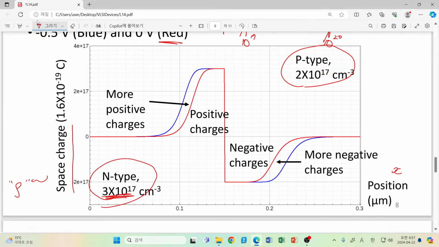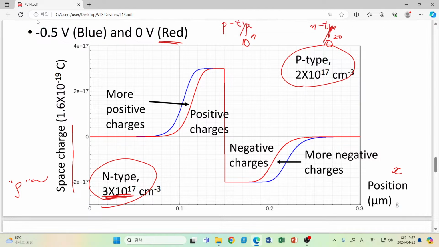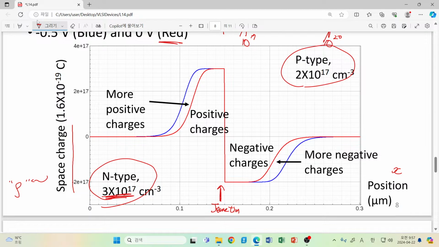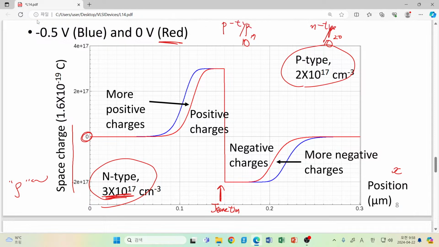This red curve corresponds to the equilibrium case, and this is the junction, the metallurgical junction, and now you have this scheme. For example, this is 0, so beyond this point we have a net positive charge, and below this point we have a net negative charge.